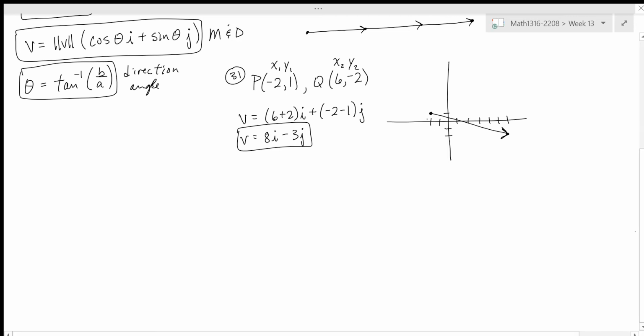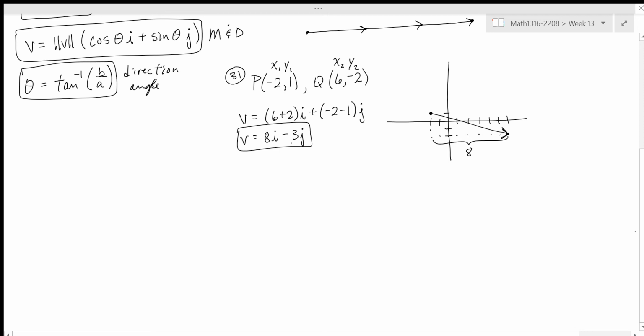And now let's look at it like this. 1, 2, 3. 1, 2, 3, 4, 5, 6, 7, 8. Now, what did I say? I said that the i part is the x component of the vector. And does everybody see that the distance along the x-axis is 8? That's the x component of the vector.